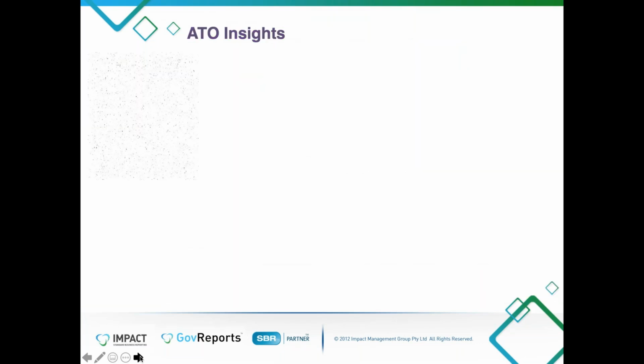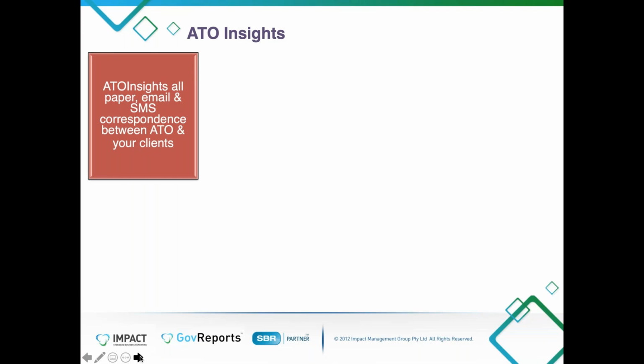ATO Insights is an add-on for tax agents. It has all the paper, email and SMS correspondence, anything that your clients are going to receive from the ATO, and you are able to get that through ATO Insights once you turn it on.